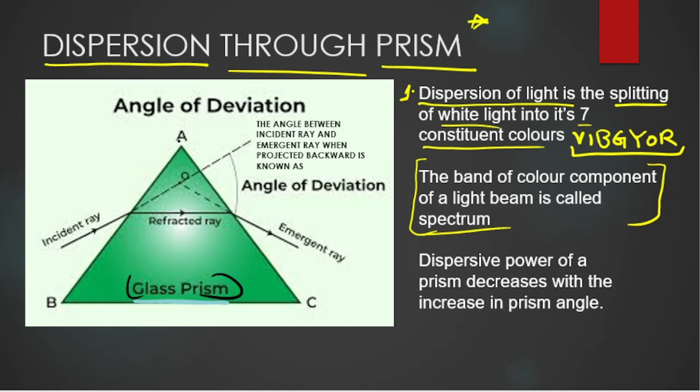First is angle of prism. So this is nothing but the angle of prism. This side, the top one, is known as the angle of prism.